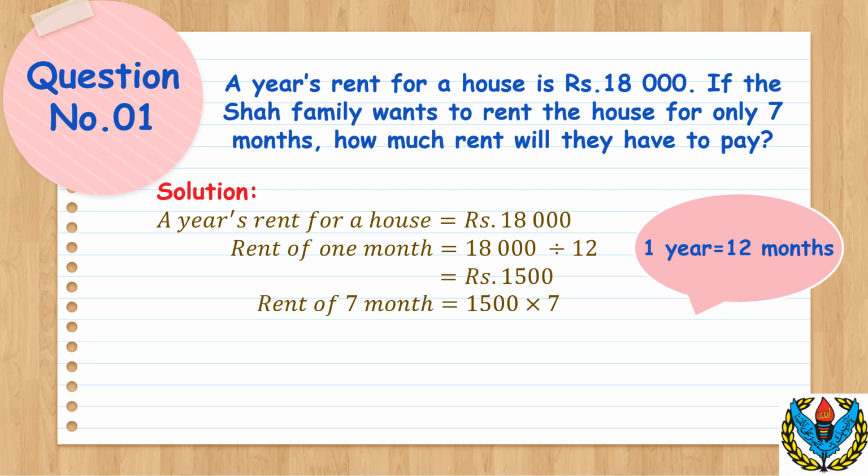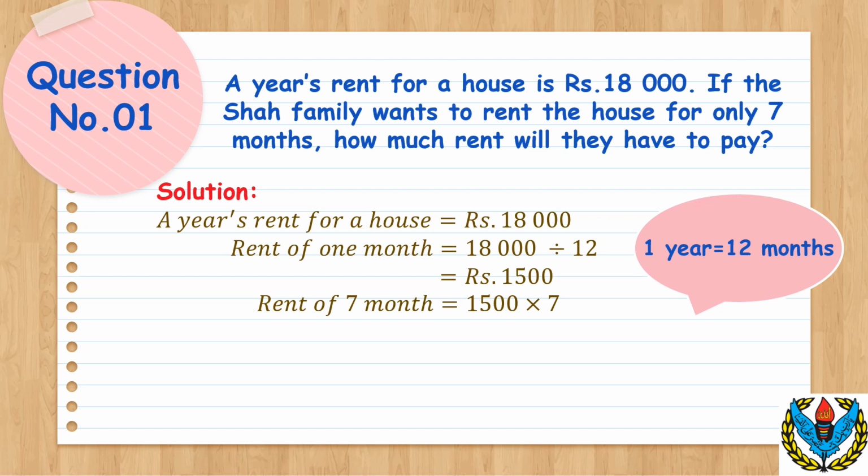For the second step of unitary method, we have to find out rent for 7 months. फर्स्ट स्टेप में हमने एक सिंगल यूनिट की वैल्यू निकालनी थी, वो हमने निकाली 1 month rent. For the second step, what do we do? We multiply that single unit value with the required value. तो हमें 7 months की वैल्यू चाहिए.